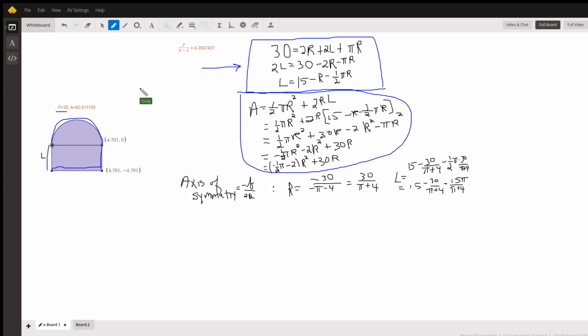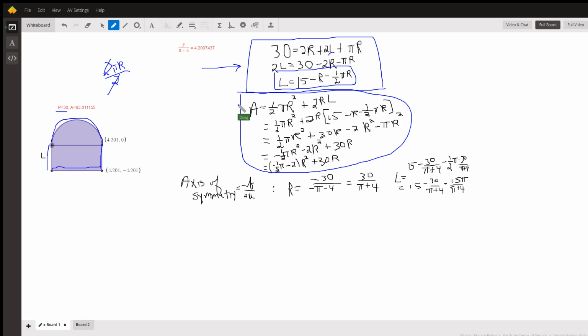And since the circumference of a circle is 2 pi r, a semicircle will have a circumference of pi r. That's what this is. And if we solve this for L, this is the expression we get right here.